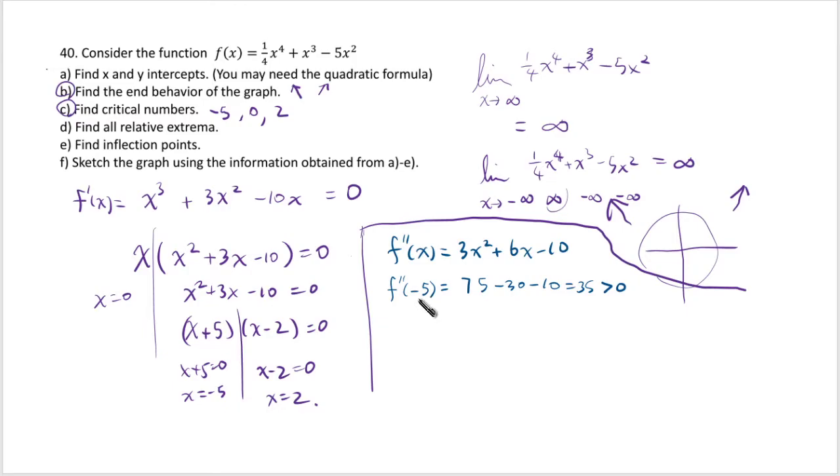Now, if it's positive, then you have a smiley face, and at the point where you have horizontal tangent, right at the center of the smiley face, you have a relative minimum, right? So we see that this is a relative minimum. f double prime of 0 is simply just this last one, so it's -10, which is negative, so that gives you this frowning face, which gives you at the center the relative maximum.